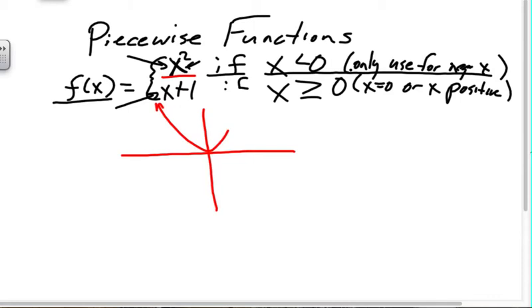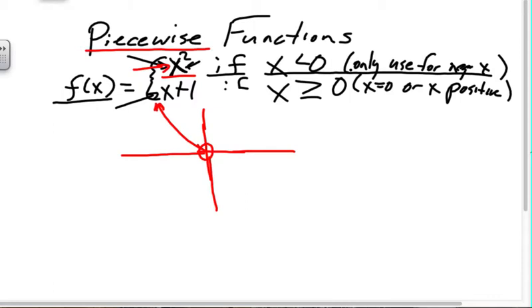So I have to go in and erase these because it's not defined for those at all. It's only defined for the negative x values, and it's also not defined for 0. So I put an open circle there. So this is this piece of the function. You can see why it's called piecewise. I've got just one piece.